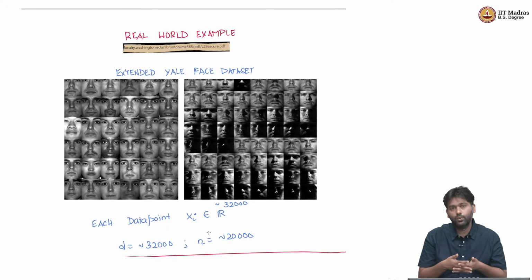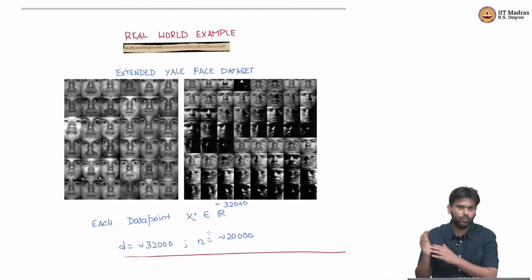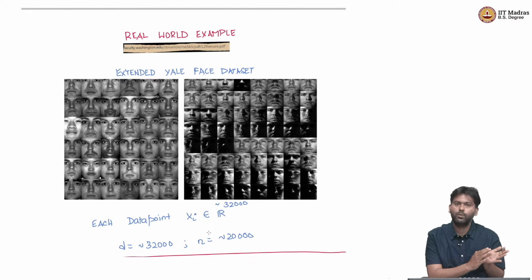Now, what you could do is the following. You can convert this 32,000-dimensional vector back into an image and see how it looks. The way we went from images to 32,000-dimensional points was to map the m cross n image to an mn cross 1 vector. You can do the same thing in reverse as well, because there is a specific ordering for these coordinates.